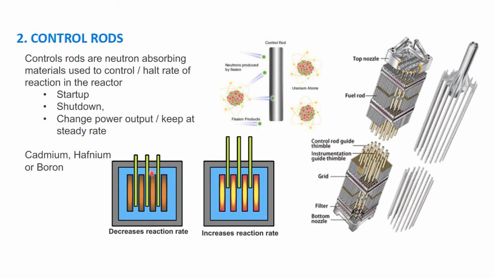Typical control rods used are cadmium, hafnium, and boron. If you insert your control rods in your moderator, there will be fewer fission reactions because these are blocked by your control rods. And if you want to increase the reaction rate, you just take out your control rods.